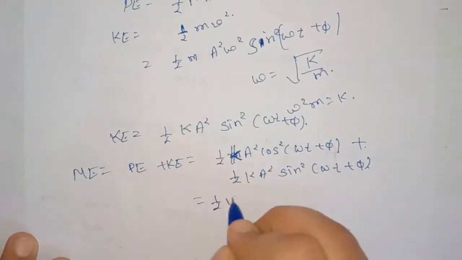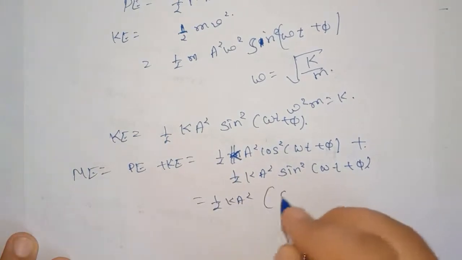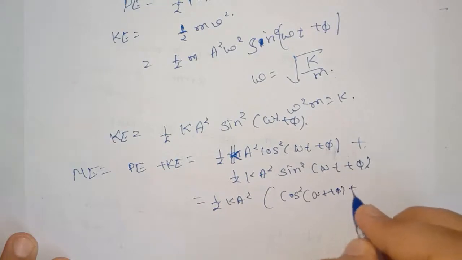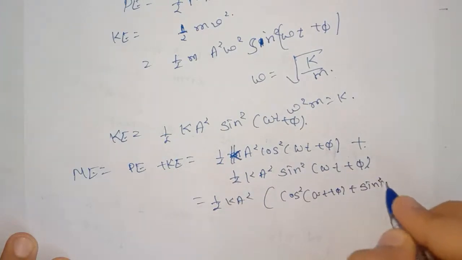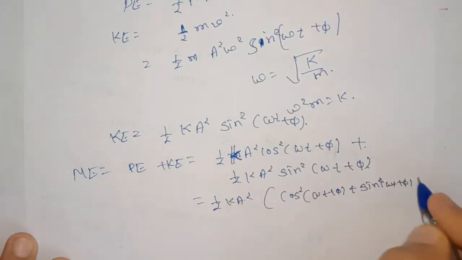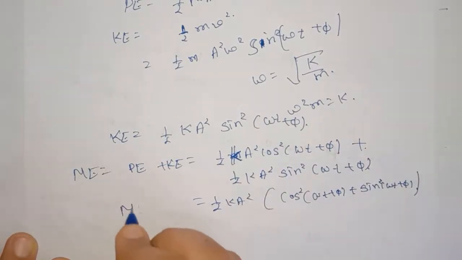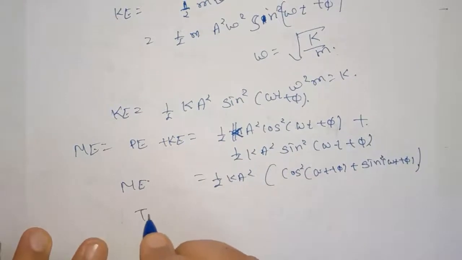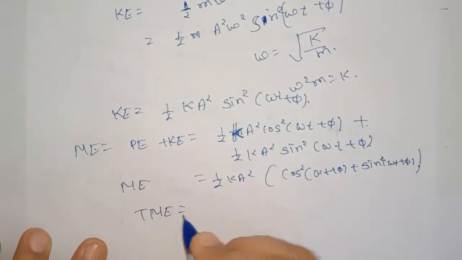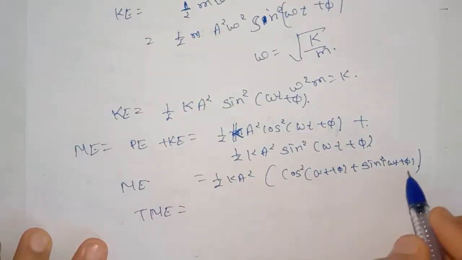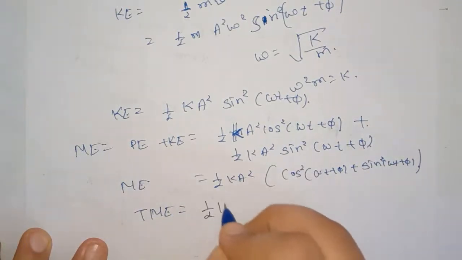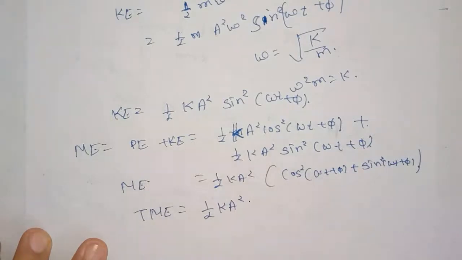Taking this half ka square common, cos square omega t plus phi plus sine square omega t plus phi. So total mechanical energy will be, cos square omega t plus phi and sine square omega t plus phi will be 1. So total mechanical energy will be half ka square.